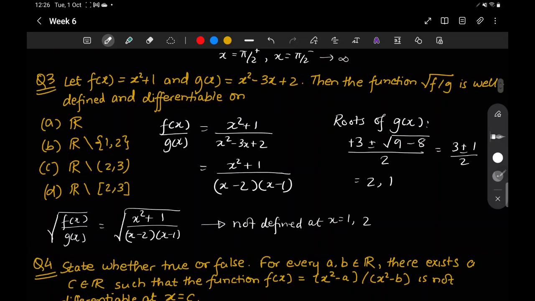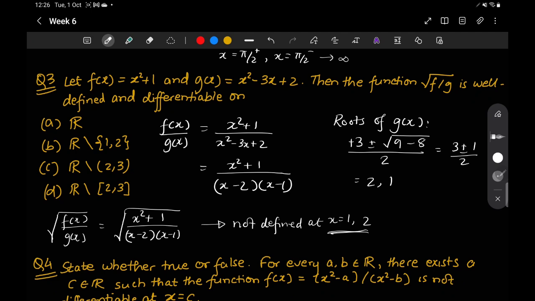So it's a ratio of two polynomials, and these polynomials are not defined exactly at these 2 points, and everywhere else it is defined. So everywhere else it is well defined and therefore differentiable also, because each of these are like polynomials or quadratics to be specific.